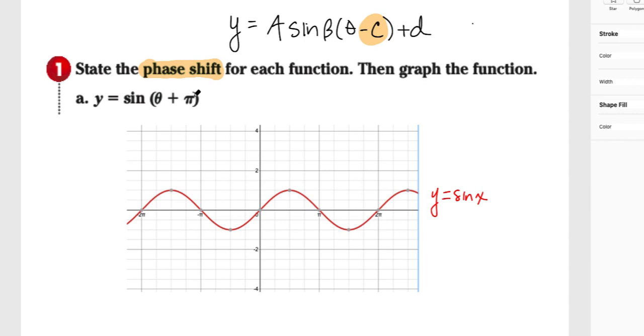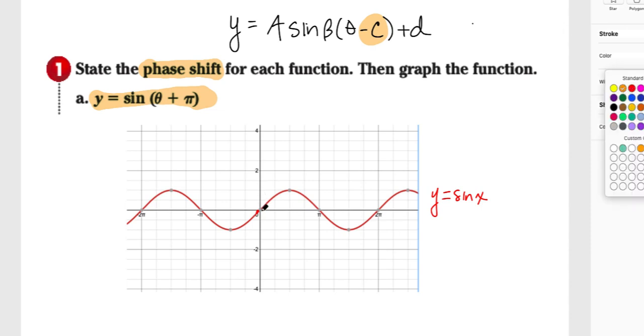It looks like we're going to have a phase shift of pi in the left direction. So whatever is happening here is going to be slid back here, and whatever's happening here is going to be slid back here. Let me highlight this in orange, and therefore I will draw it in orange as well, to show what the phase shift would look like.